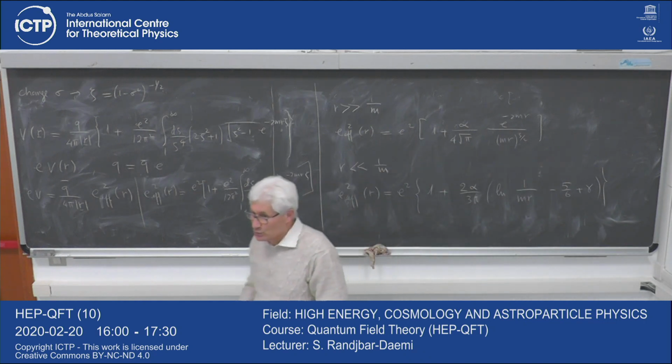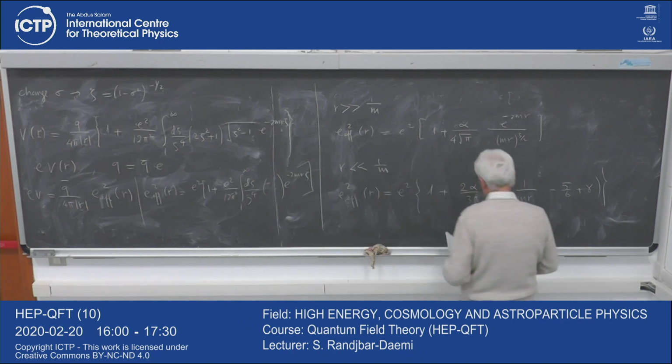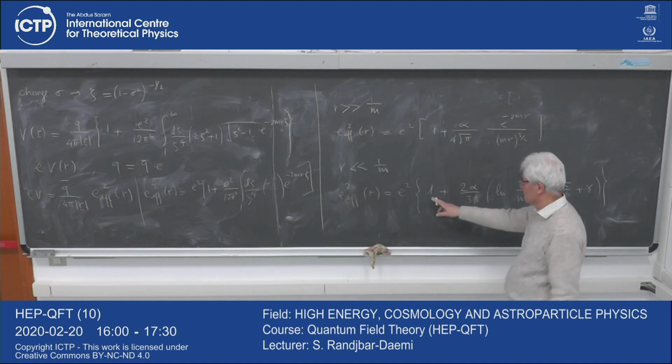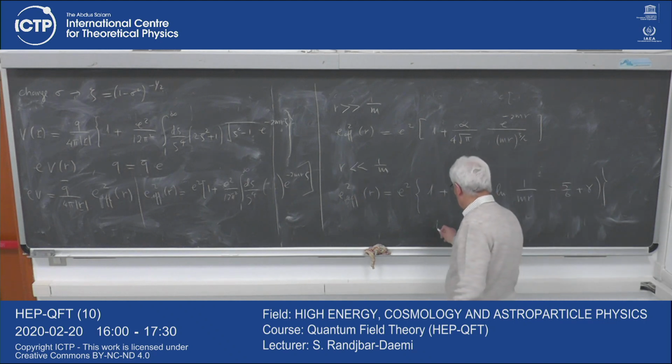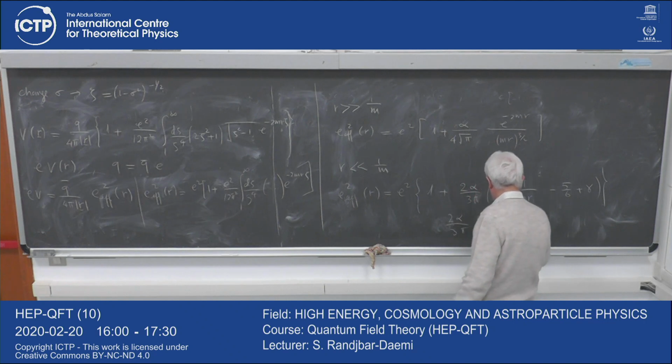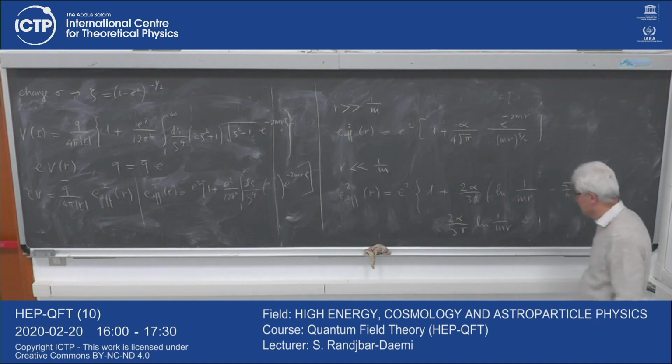Okay? So that's not a good thing. When will that happen? It will happen when this term becomes comparable to that term. That means when 2 alpha over 3 pi log of 1 over mr becomes comparable to 1.